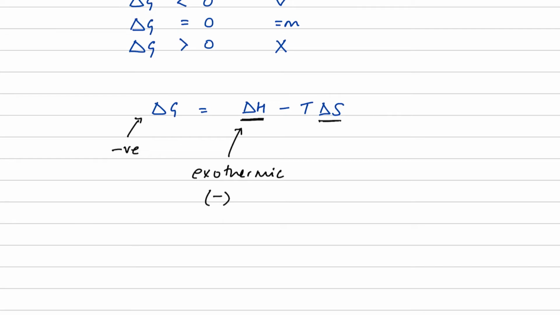Similarly, because of this minus component within the equation, a positive change in entropy is also going to favour a spontaneous reaction. So what happens when that's not the case? Well, that is where temperature plays a very important role.